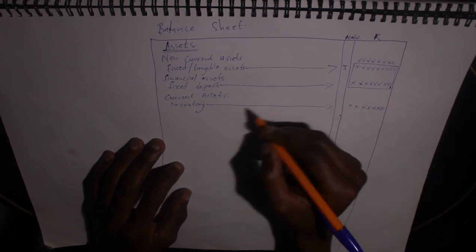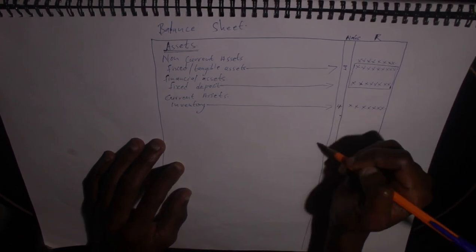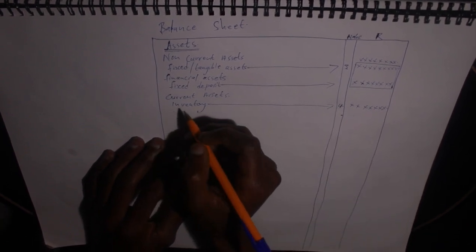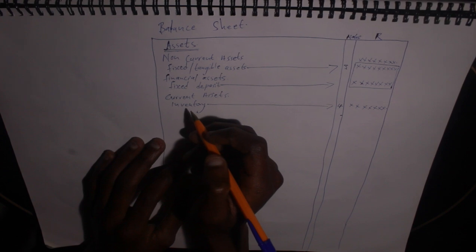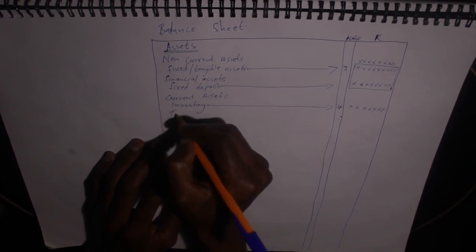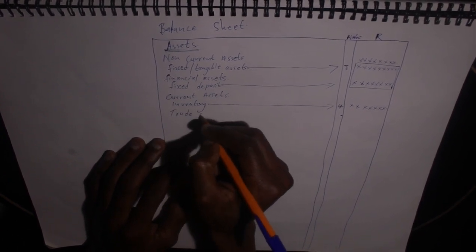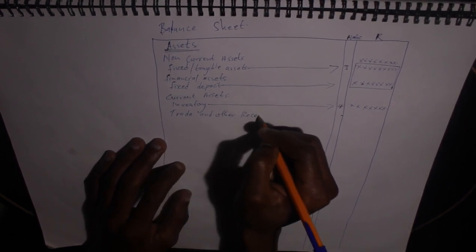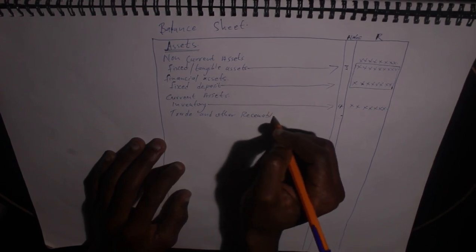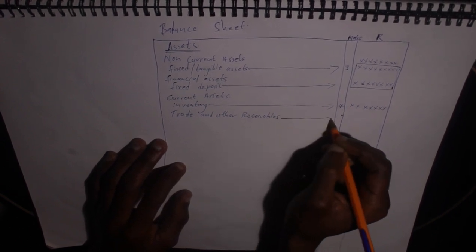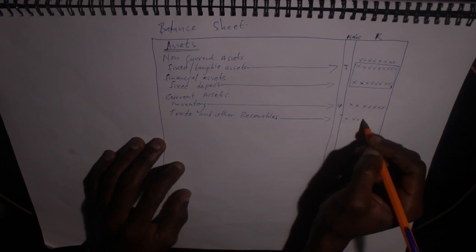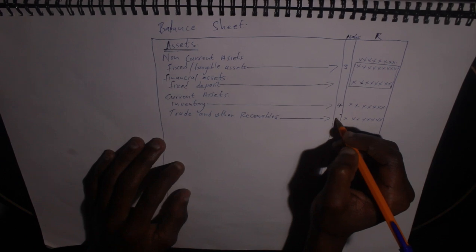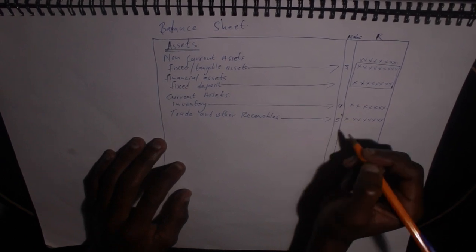Now your inventory is note number 4, which we'll also deal with when we do our notes, followed by trade and other receivables. You show the total trade and other receivables here. This is basically your note number 5.